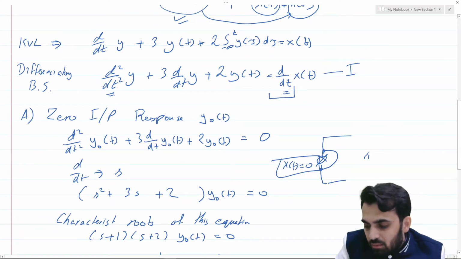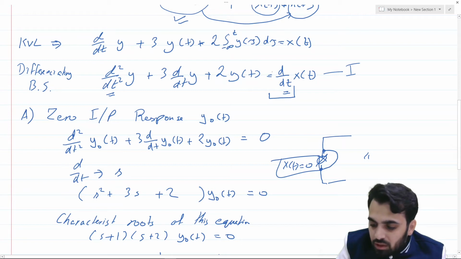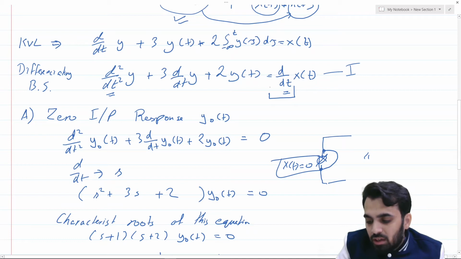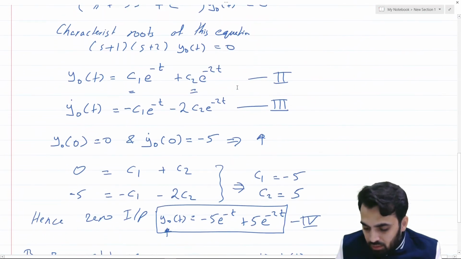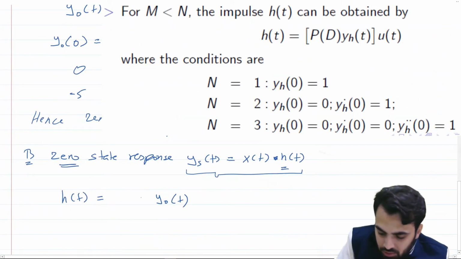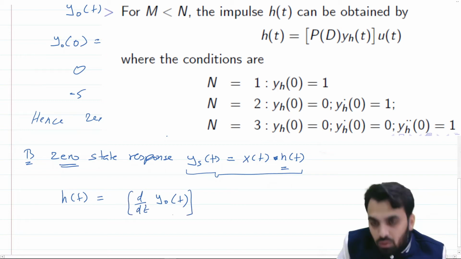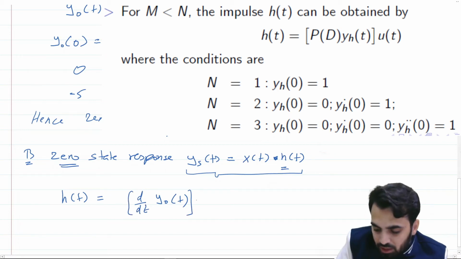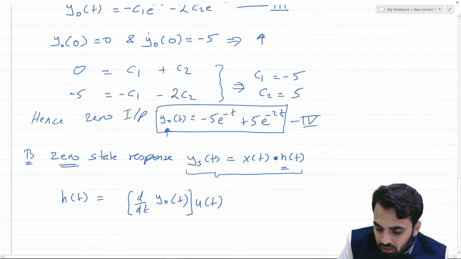So presently we have d by dt. So if there was a 2 over here, that is 2 d by dt, we would be multiplying 2 d by dt. Presently we have a 1 over here, so we are just multiplying by d by dt. So we have d by dt y naught of t and then we are multiplying it with the unit step function u of t.